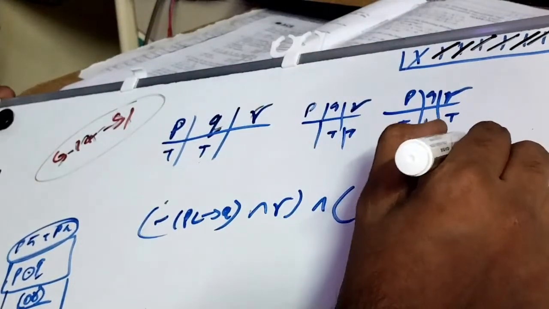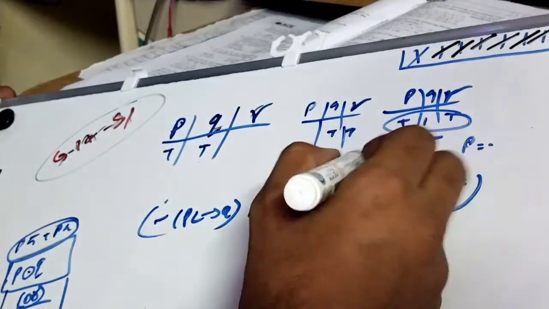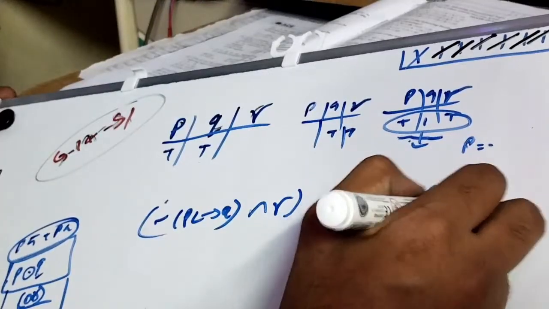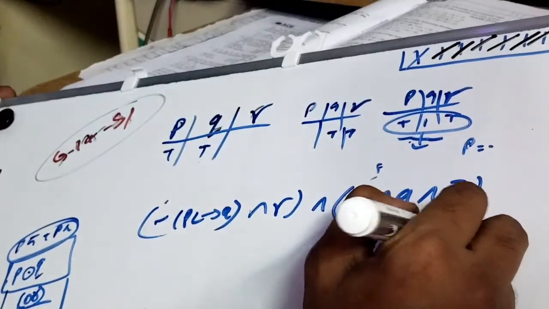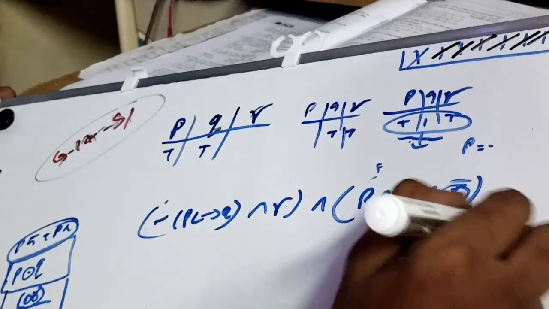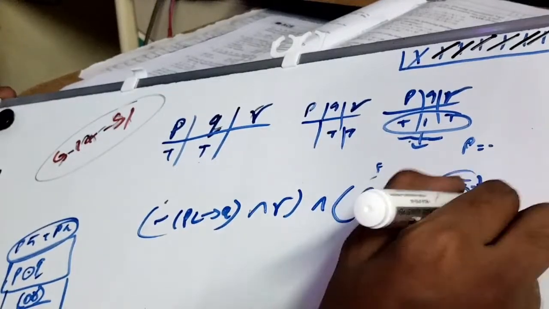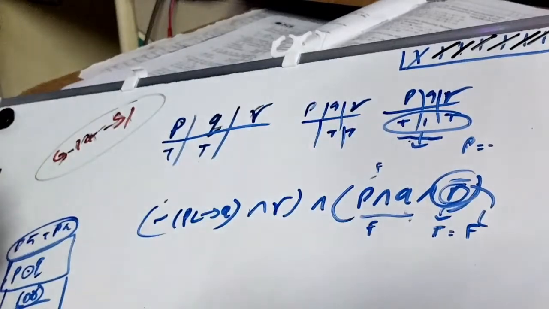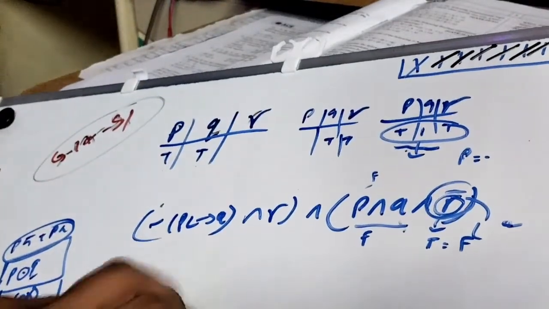Consider P equals to true and this condition, Q equals to false. If we consider any one false, this is true and this R is true. So R combined will be false. This is true and equal, and that will be false. The option will be wrong.